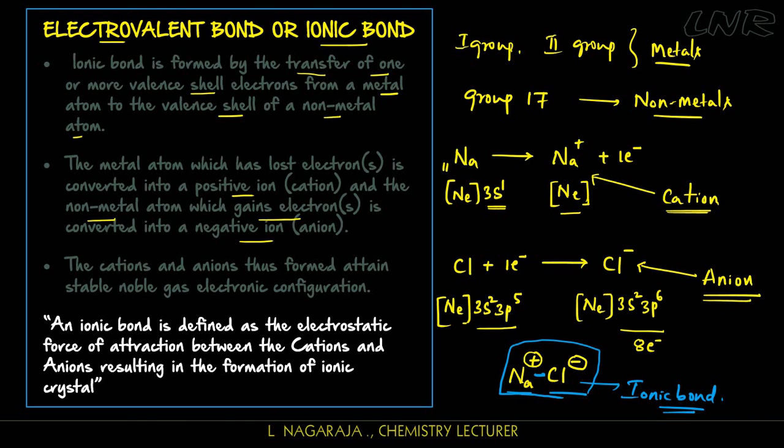Ionic bonds are defined as a force of attraction. Why is it called electrostatic? Because there is a force of attraction between oppositely charged ions. That force is called electrostatic force. So the electrostatic force of attraction between cations and anions is called an ionic bond.